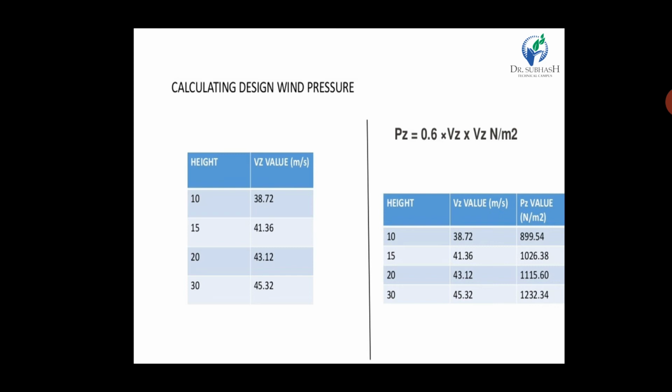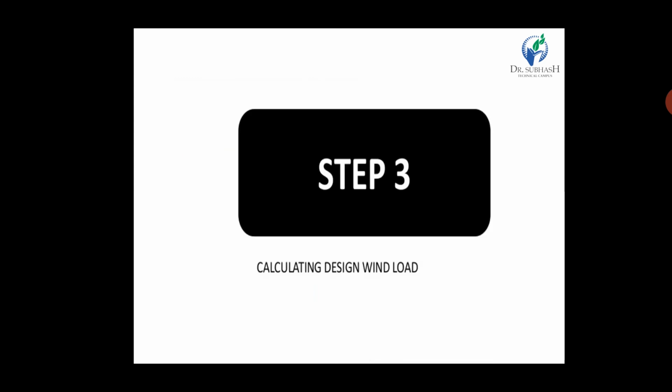So just by multiplying by 0.6 in our previous table at different heights of 10, 15, 20, 30, we calculate the Pz value in Newton per meter square. On the right hand side you can see in our table, at 10 meter it is 899 and at 30 meter it is 1232.